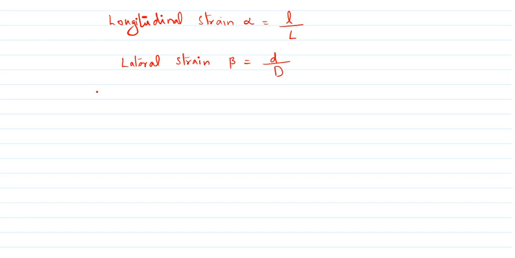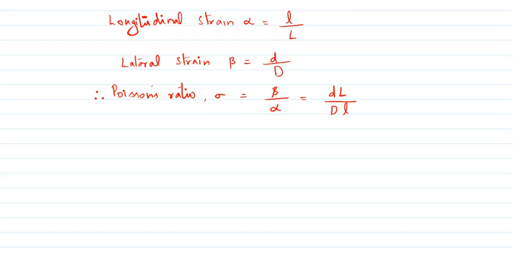Therefore Poisson's ratio sigma equals beta by alpha, which equals (d by D) divided by (l by L). This is the final equation.